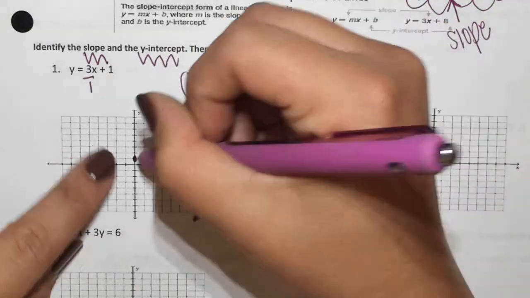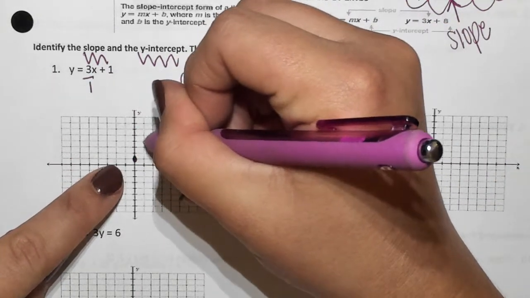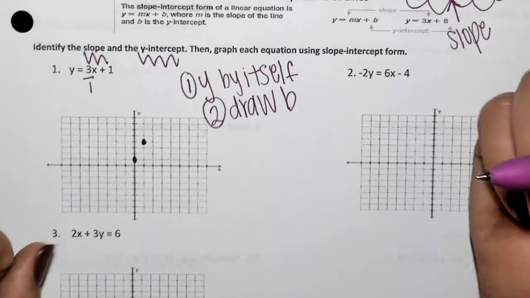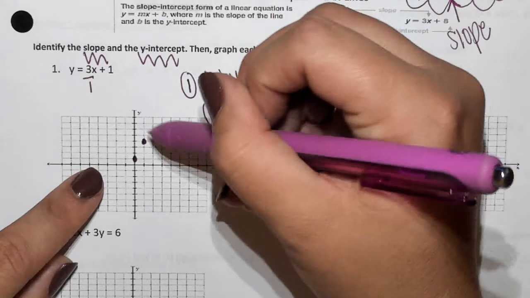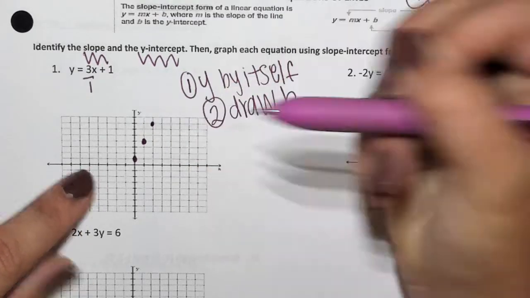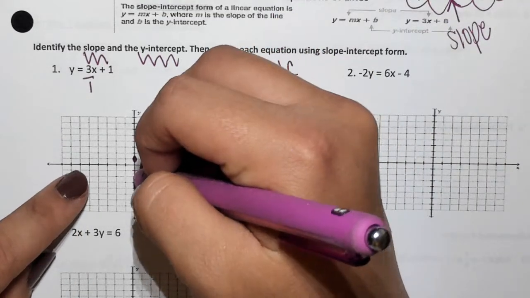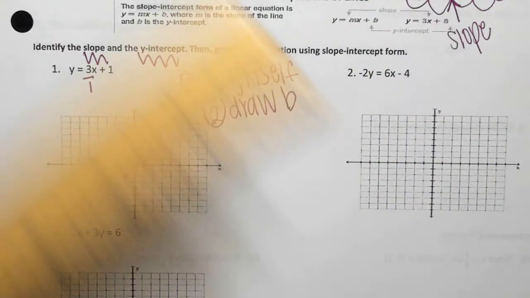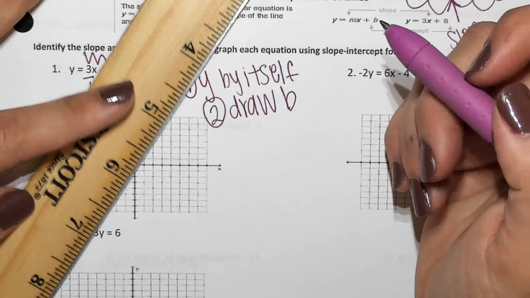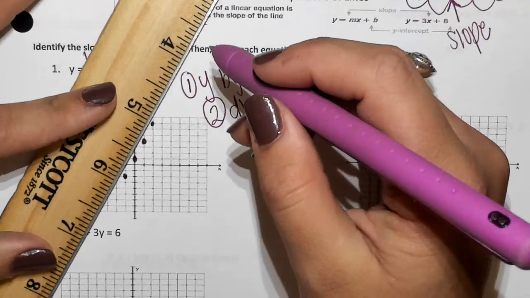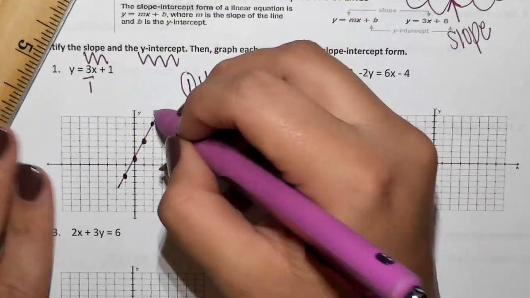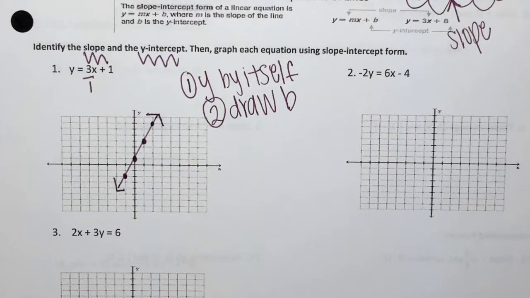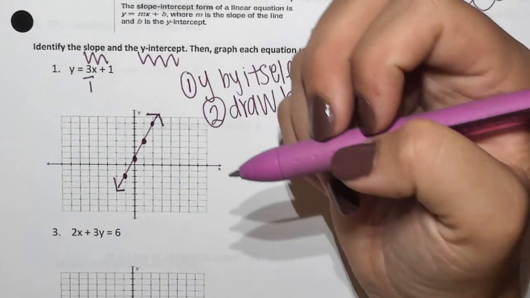So you go up 3 and over 1. I need you to at least have 3 points. So you can go up another 3 and over another 1, or you can even go down 3 in the other direction 1. And then take your ruler. Don't forget to put arrows on the end of your line, because it's not just a line segment, it's a line.